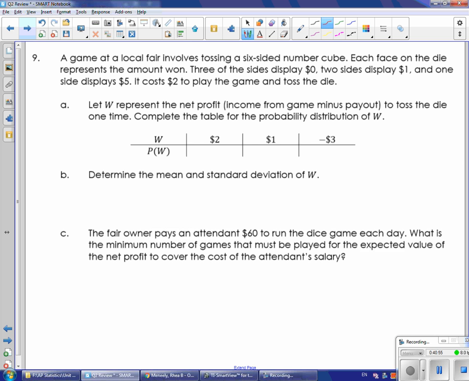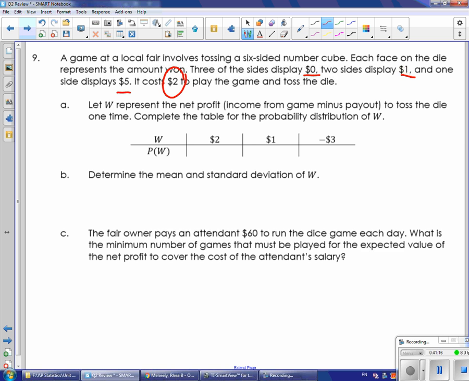So, let's see, we can earn $0, $1, or $5, and it costs $2 to play. And we're talking about the profit. So if someone lands on 0, that means the company or the game gets to keep that $2 profit.